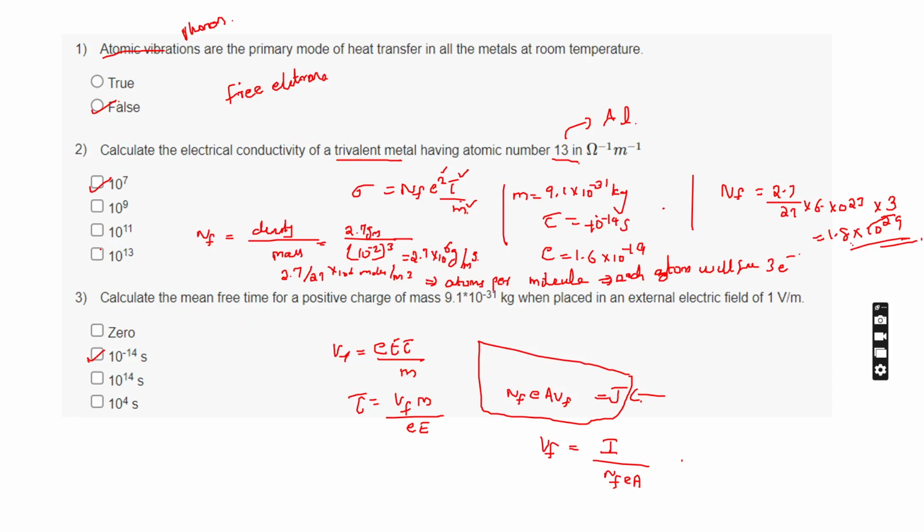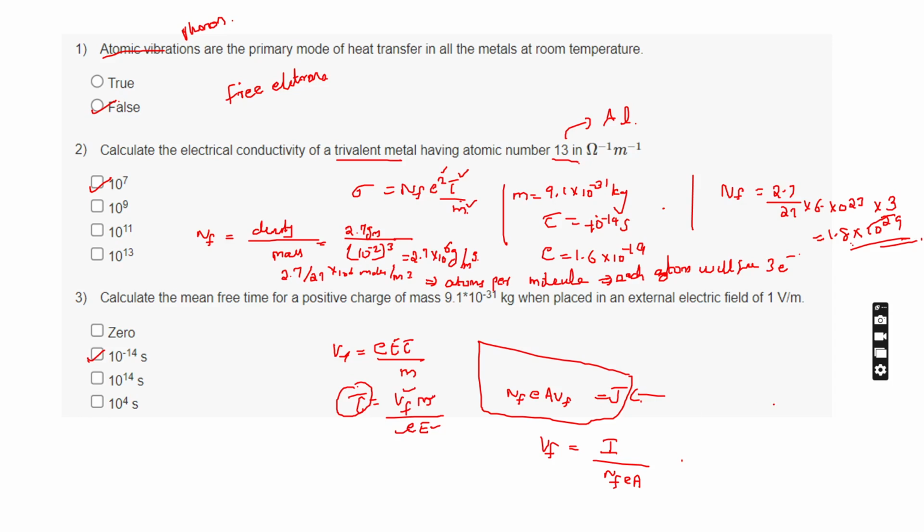Now see this question: calculate the mean free time for a positive charge of mass 9.1 into 10 to the minus 31 kilogram when placed in an external field of 1 volt per meter. We know the formula of velocity, that is E tau by m. From there you find the time period, that is Vf m by E, the electric field and charge of the electron, and the velocity and mass.